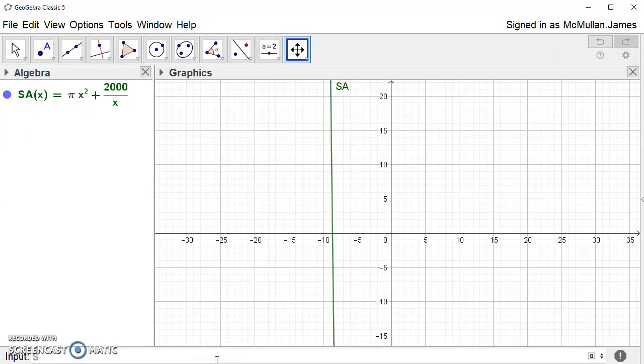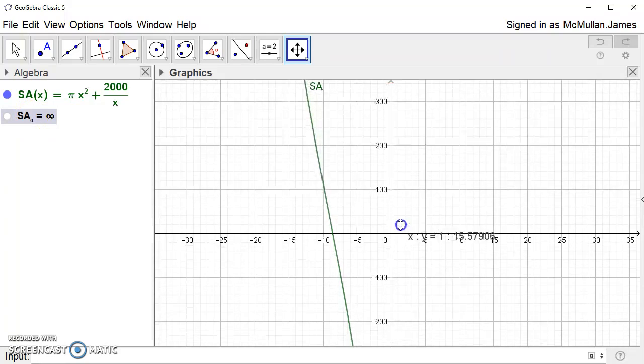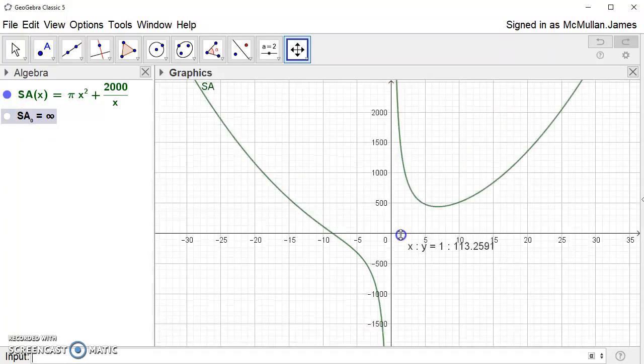So one candidate we said was SA of 0. So let's say SA of 0. And the surface area there is infinity. What that is trying to tell you is that if you try to plug in a radius of 0, of course you can't, you could make an infinitely large rectangle, right?